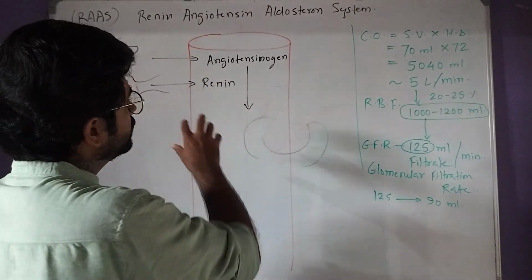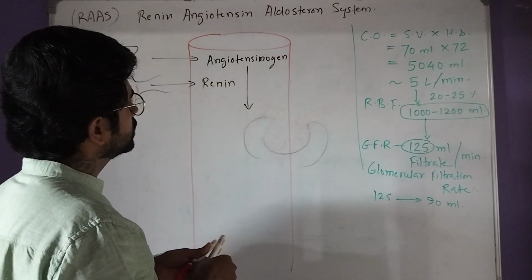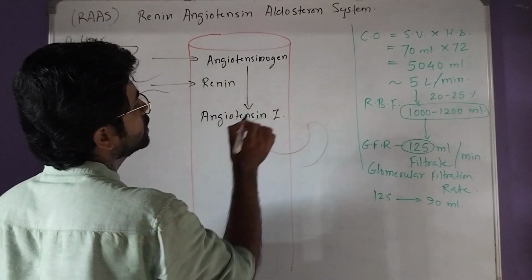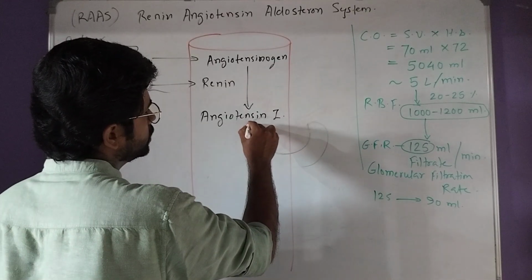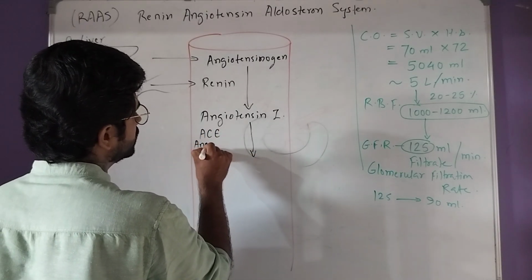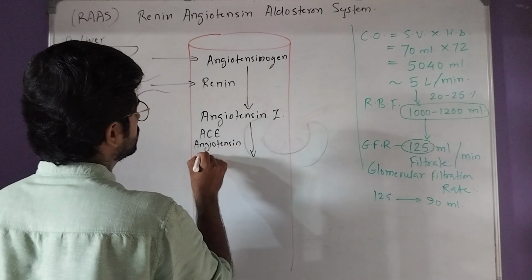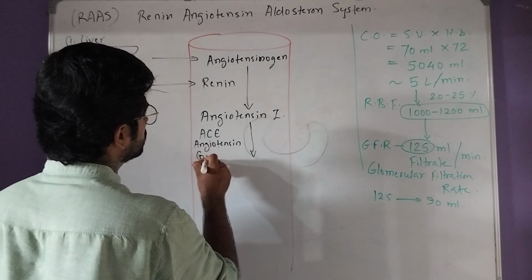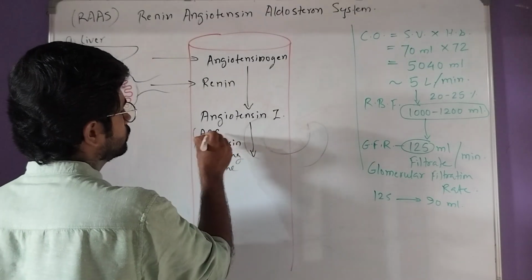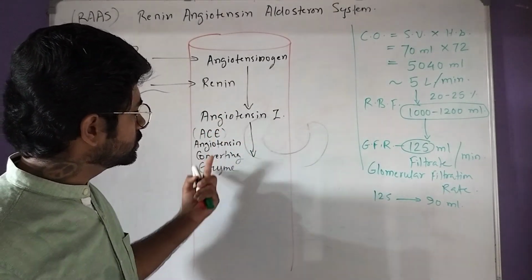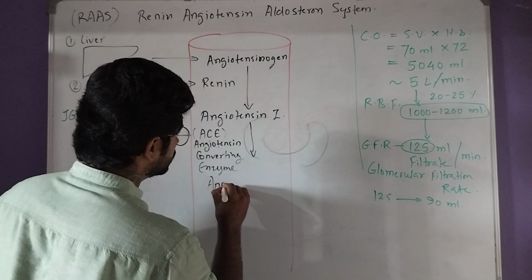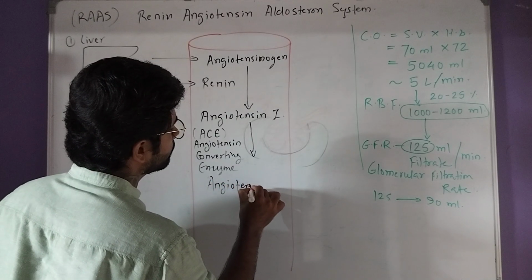So from your kidney, renin is coming. Now when renin comes, angiotensinogen converts into angiotensin 1, and when angiotensin 1 comes in contact with angiotensin converting enzyme, short form ACE, it converts into angiotensin 2.